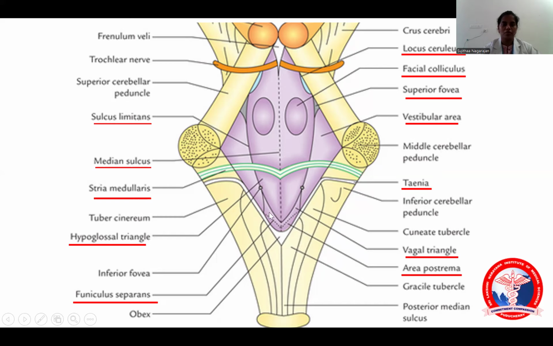Here we have the hypoglossal triangle, below that the vagal triangle. Here is the area postrema, then this dotted line is the funiculus separatus. We have the tinea here, and the meeting point of the tinea is called the obex. Here we have the locus ceruleus. The facial colliculus is produced by the abducent nucleus hooked by the facial nerve fibers.